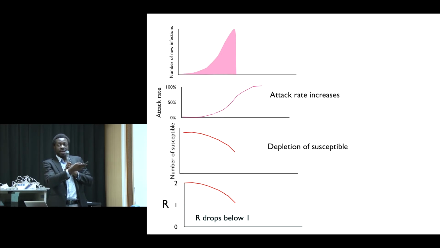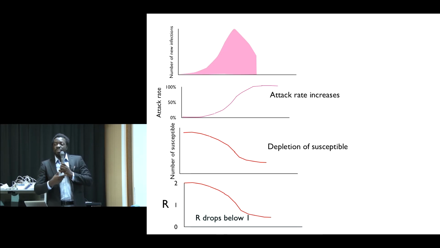So it's the peak here. And when we drop to less than 1, the infection starts going down. The number of susceptible also goes down, meaning that people are becoming immune. So at less than 1, the infection stops, the epidemic stops.